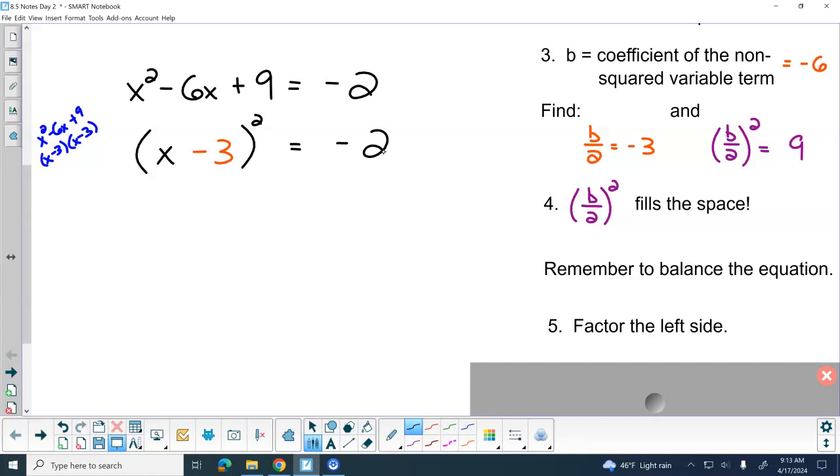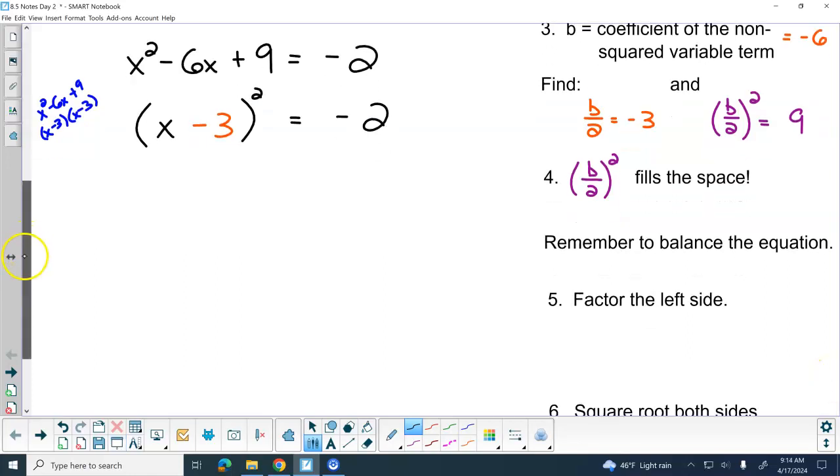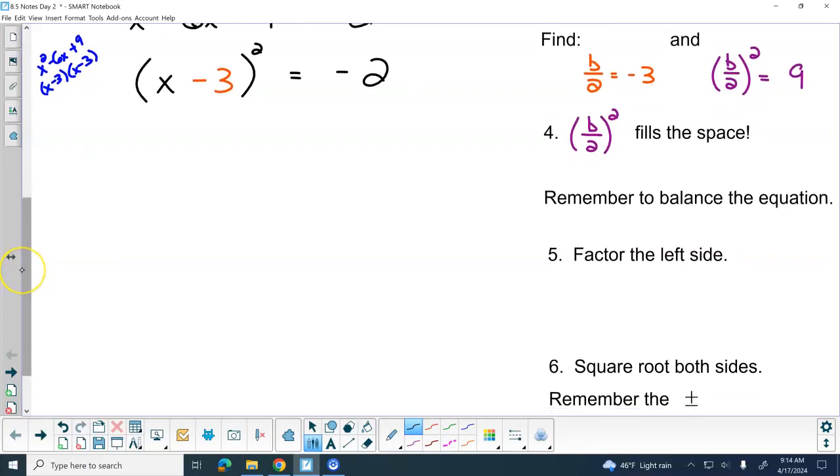Then our next step is we square root both sides, remembering that whenever we're taking the square root and we're solving, we have to add in a plus or a minus. So if I square root this left side, I'm left with just x minus 3.